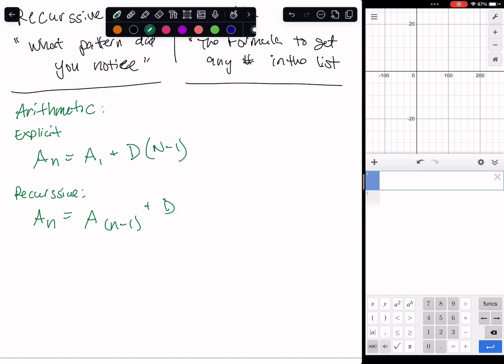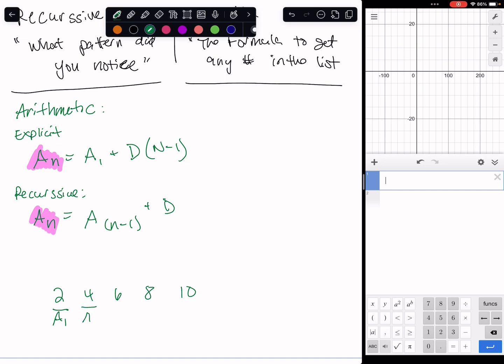All right, so let's get through some of this vocabulary. Anytime you see a of n, that's telling us what number in line we are looking for. For example, if I had the numbers 2, 4, 6, 8, and 10, this 2 is first in line, so that will be a 1.